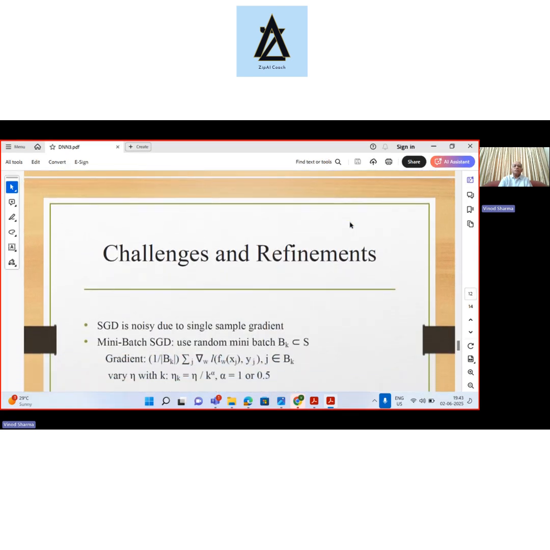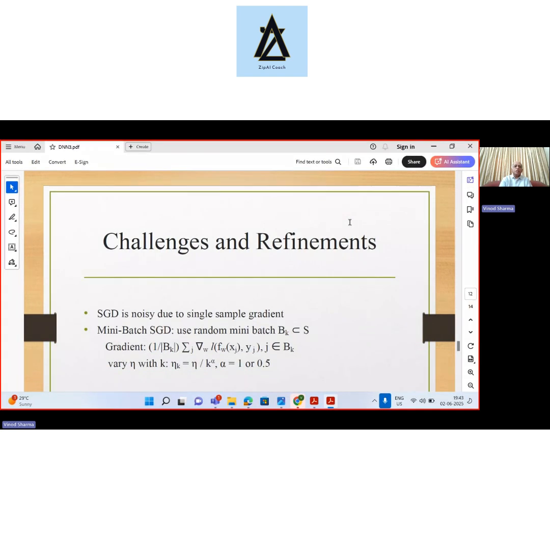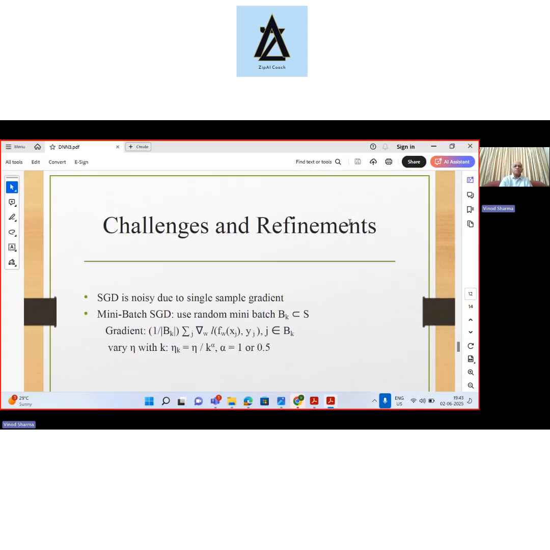Therefore, people have suggested modifications to it. And the main modification is, instead of taking the gradient at only one point x, y from the sample, you take the gradient with respect to W of the loss at a mini batch B_k out of S. For example, suppose the training sequence has 1,000 points.